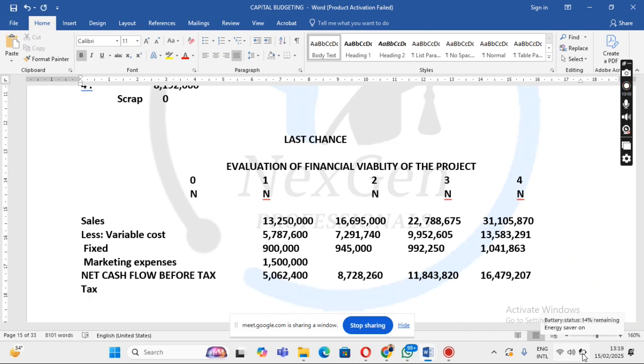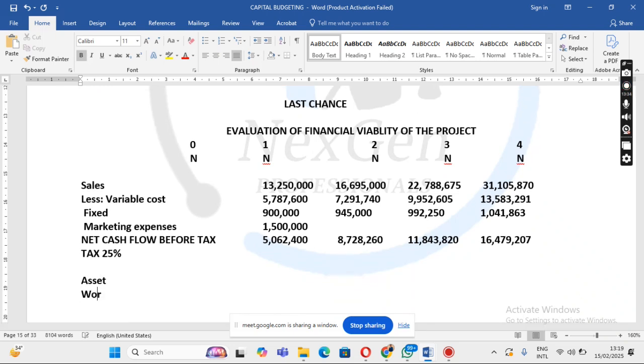So now tax is 25%, right? Let me arrange all this. After you charge your tax, you have net cash flow after tax. When you have net cash flow after tax, you can now bring in the asset, then your working capital, then your tax savings.